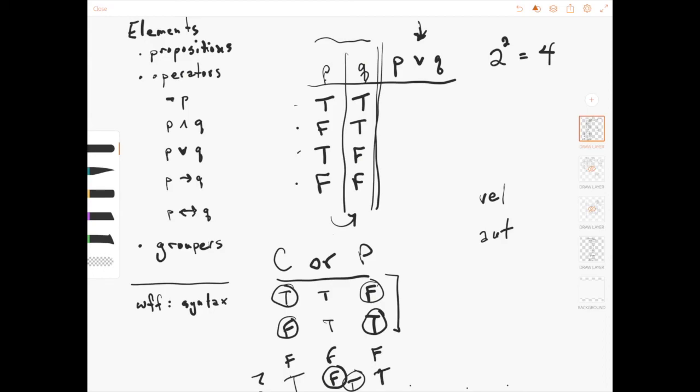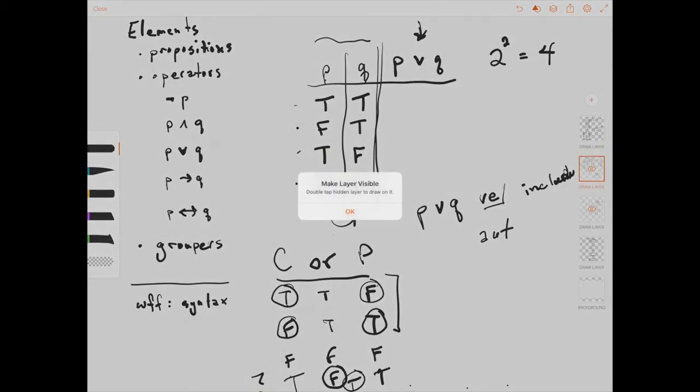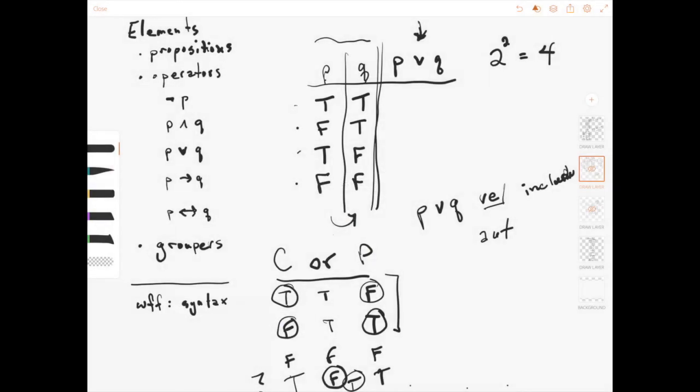And that's where we get our names for these two interpretations of or. This first word, vel, is where we get the little symbol for or, P or Q, and we call that inclusive. The inclusive or is the or that includes the possibility that you can have both.